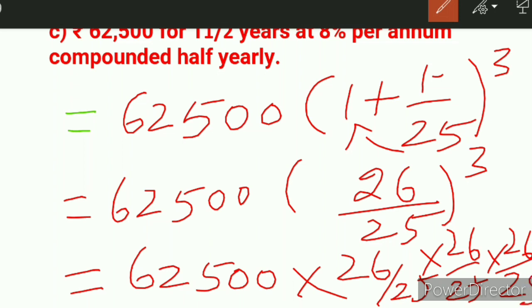Okay, if you simplify, you will get the amount. From that you subtract the principal, you will get compound interest. Calculation part is your work. You should complete the calculation part.